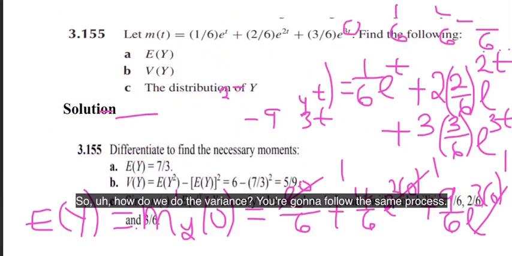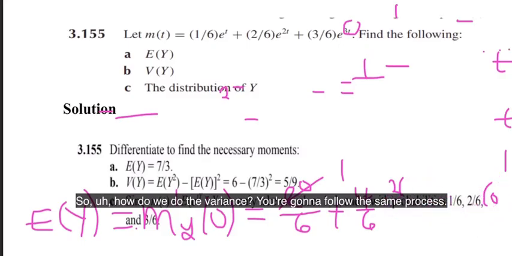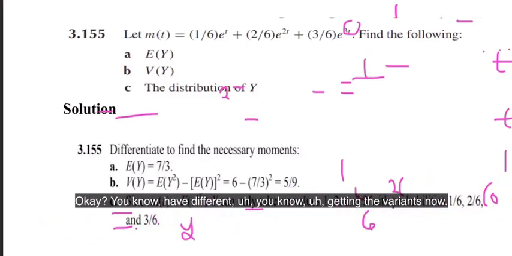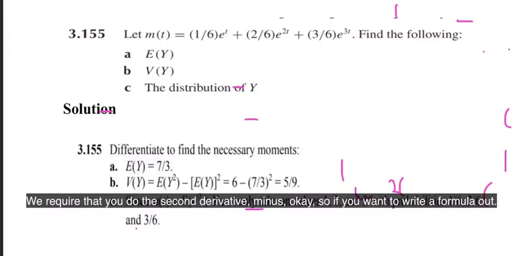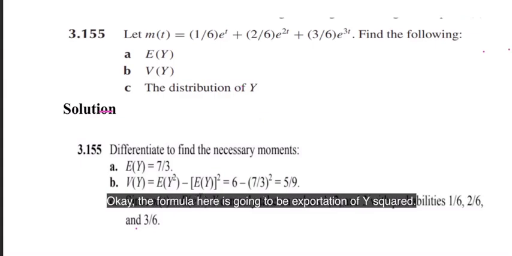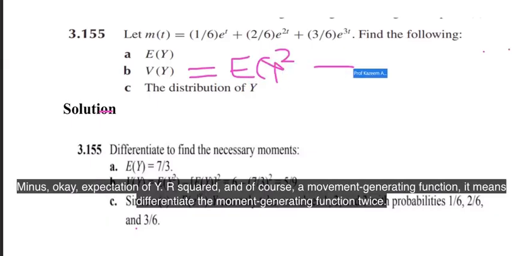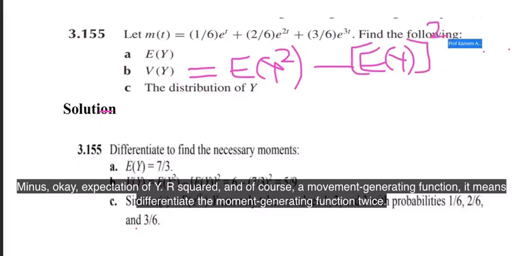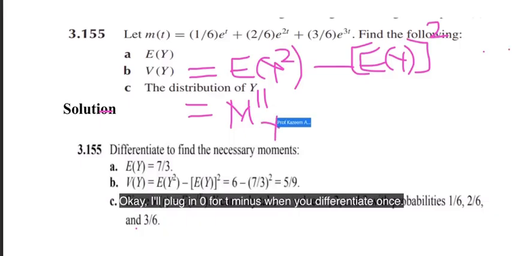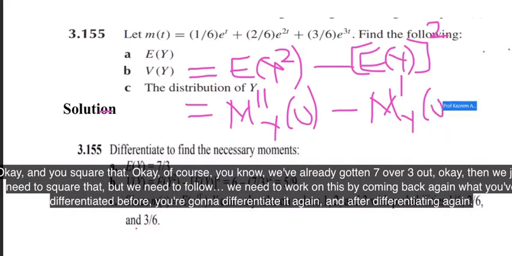So, how do we do the variance? You're going to follow the same process. Getting the variance requires that you do the second derivative. The formula is the expectation of y squared minus the expectation of y, squared. For the moment generating function, it means differentiating twice and plugging in 0 for t, minus what you get when you differentiate once, squared.